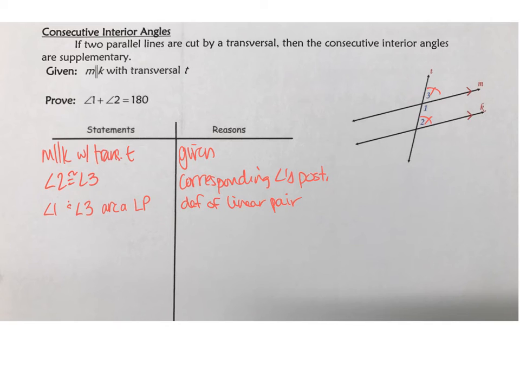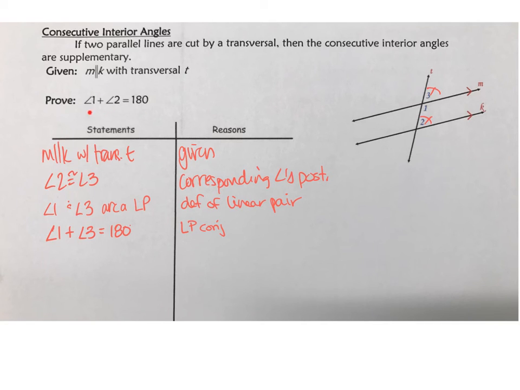Now we know that because they're a linear pair, angle 1 plus angle 3 has to equal 180 degrees, and that is because of the linear pair conjecture. That says if you have 2 angles that are a linear pair, then they add up to 180 degrees, or they're supplementary.